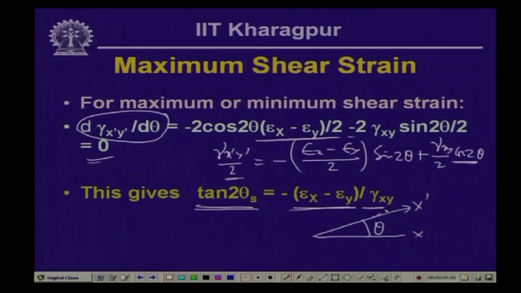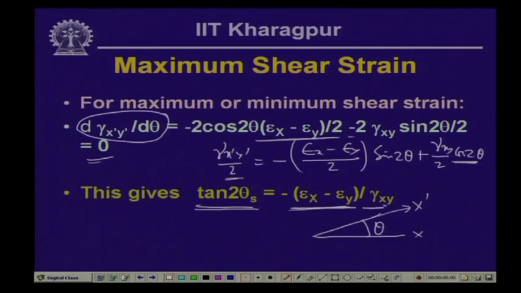Now, in the previous case, when we had evaluated the maximum normal strain, the value of angle 2 theta p was gamma x y by (epsilon x minus epsilon y), and in this particular case, when we take the derivative of the shearing strain with respect to theta, we get the value of the angle which we call the angle for the shear, theta s: tan 2 theta s is equal to (epsilon x minus epsilon y) by gamma x y.